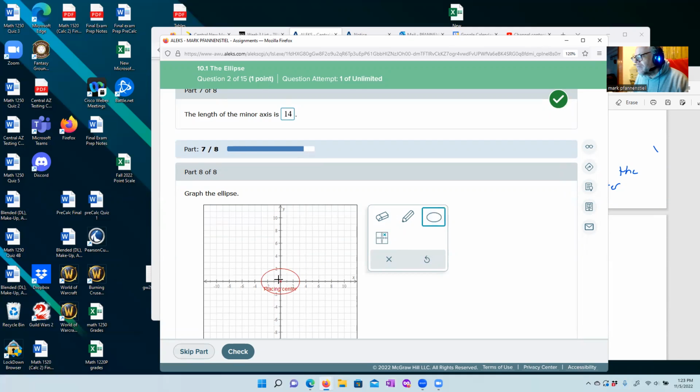So place the center. That's at 0, 0. Place the vertex that was all the way out here at ±8, wasn't it? And then covertex. That's a nice name for the minor axis.